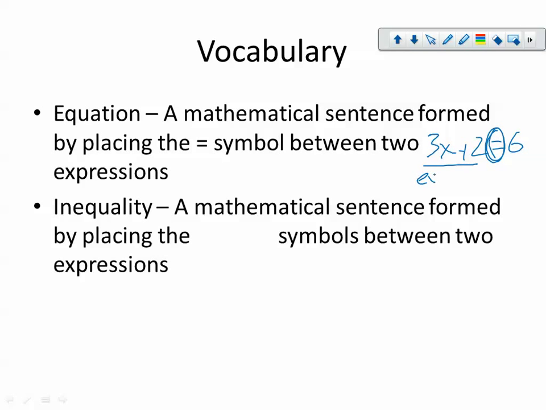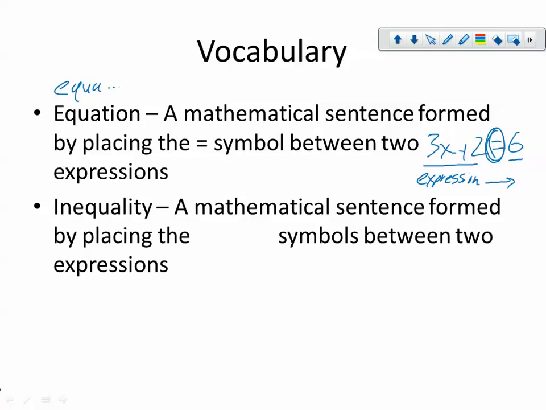This over here is an expression, and this over here is an expression, but by setting them equal to each other, we've created an equation. Notice how equation and equal start with the same letters, right? It means the same kind of thing. We are making an equivalent form of two expressions.